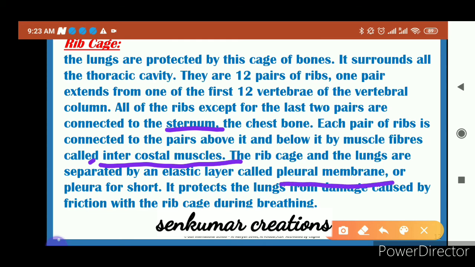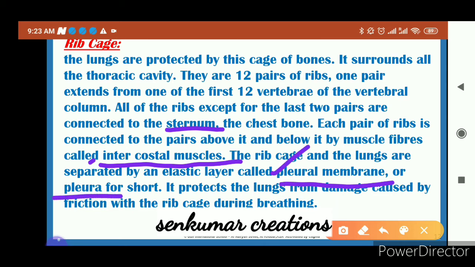What is the pleural membrane? It means the rib cage and the lungs are separated. The gap between the lungs and the rib cage, that space, has a membrane called the pleural membrane, or pleura.